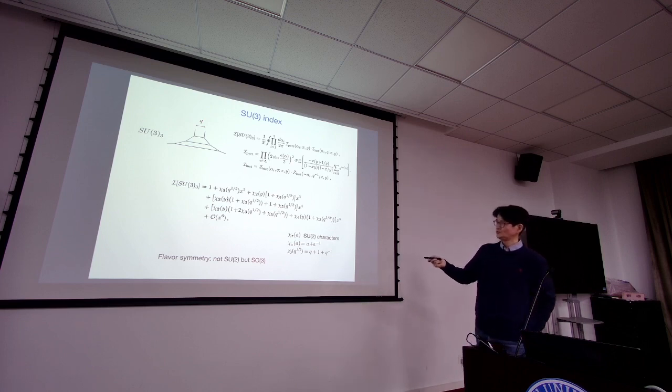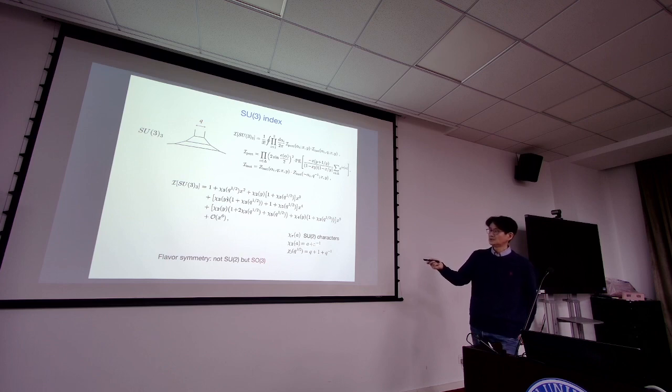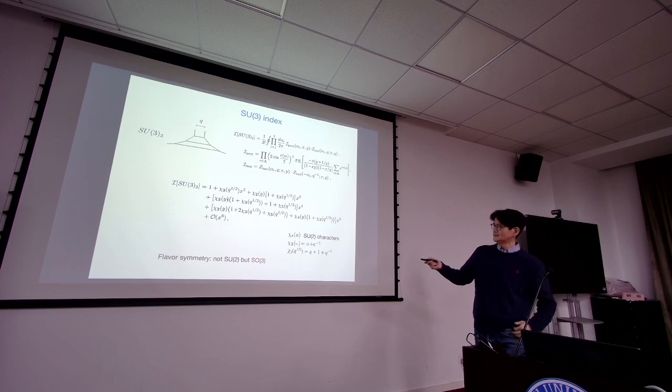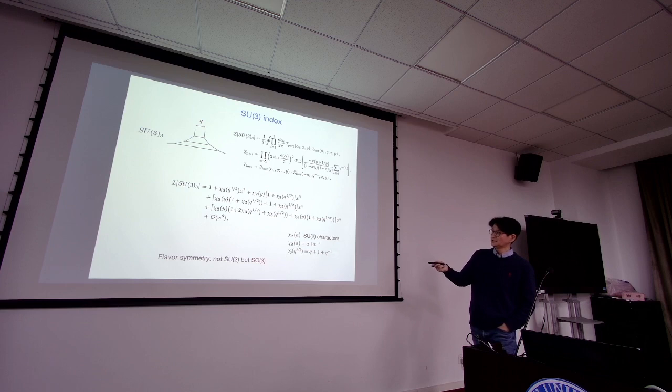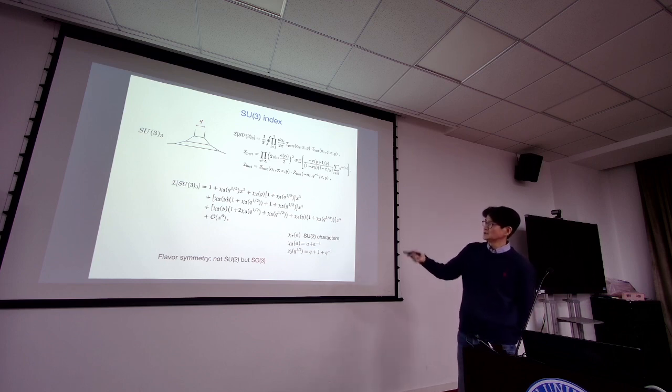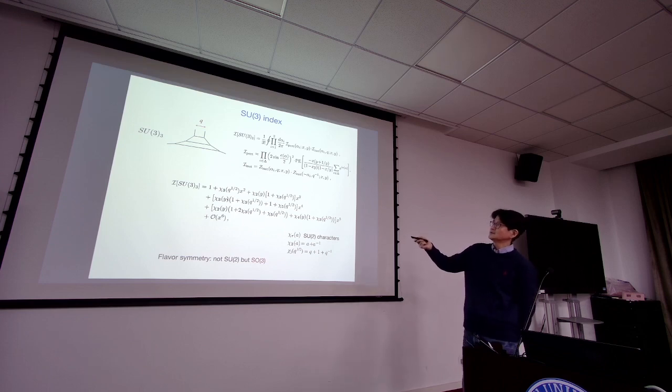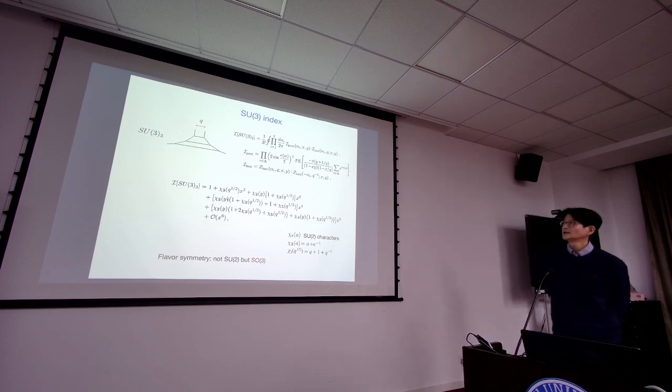Here the SU2 two-dimensional character is A plus 1 over A. Applying the SU2 character, the three-dimensional representation has 3 terms, and with the 1/2 factor this gives rise to q plus 1 plus 1 over q. So therefore we'll have something like this here, and it is an expansion in higher orders.